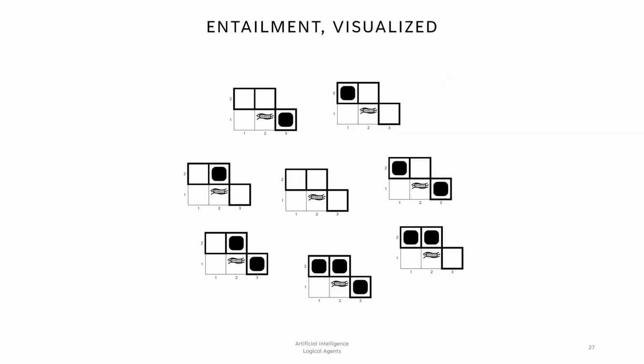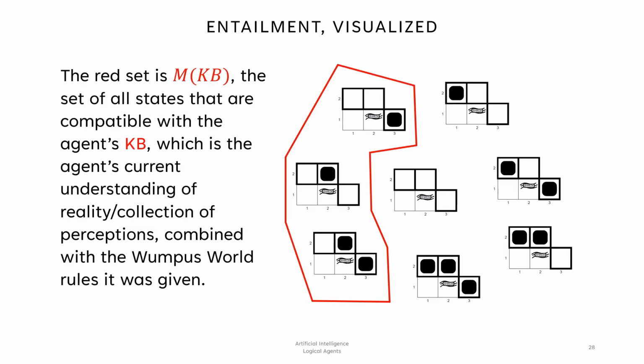Okay, we're reaching the end of this home recorded segment, but we end off at slide 30, so I guess I'll do 27 through 29. Now we're going to visualize entailment. It's a very important pivotal concept, so we want to make sure we get it right. This red set here is the knowledge base.